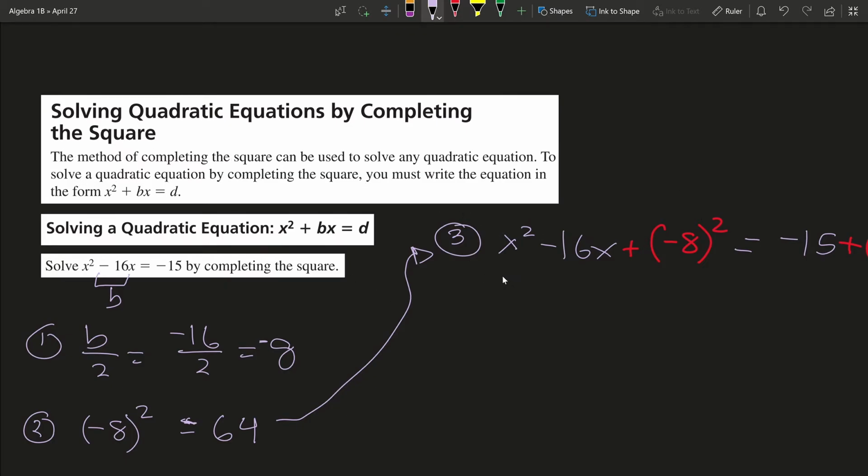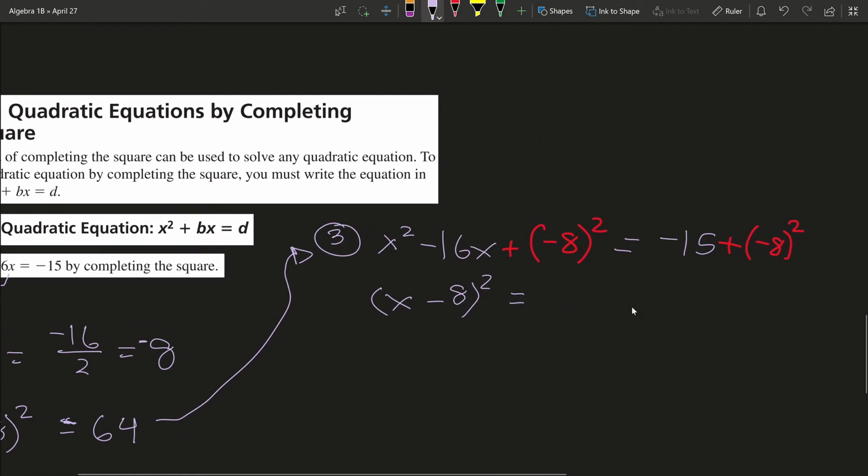So that means we'll have x minus 8 to the power of 2 is equal to negative 15 plus negative 8 squared. Negative 8 squared was equal to 64. When you add up negative 15 plus 64, you get 49.